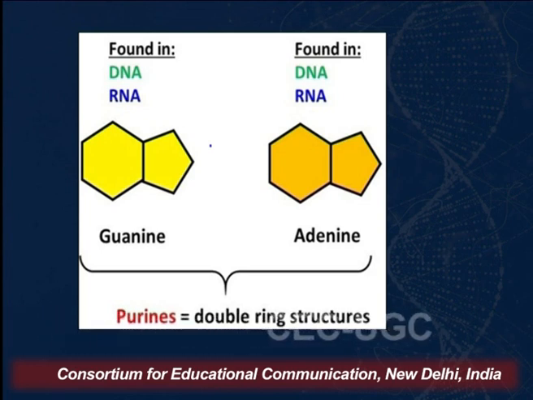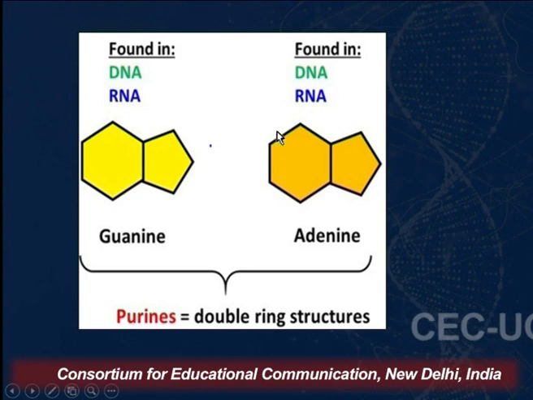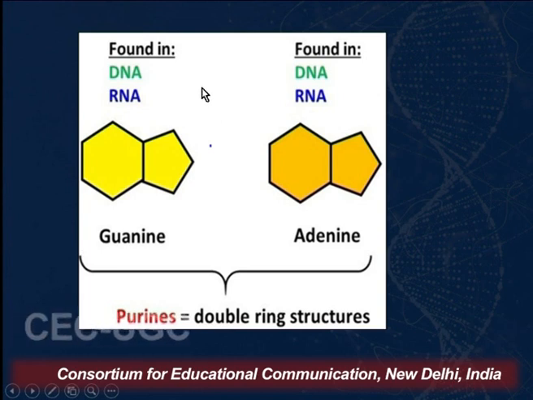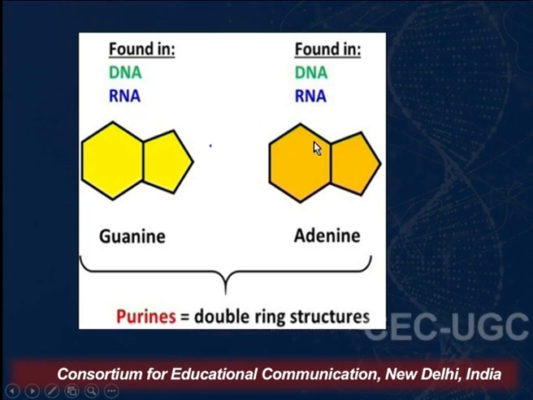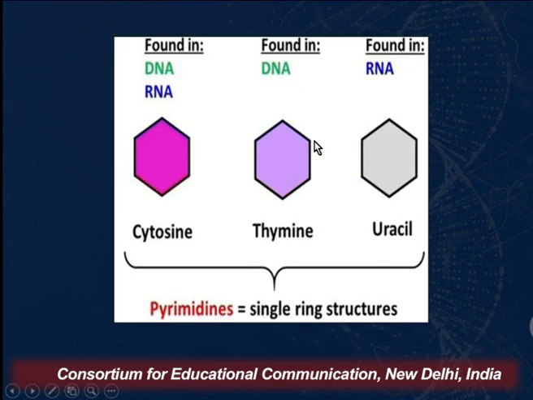The 2 purines are guanine and adenine, and both of these purines are present in DNA and RNA. When we say DNA, what we mean here is that the basic sugar in DNA is deoxyribose sugar, whereas in RNA, the basic sugar is the ribose sugar.